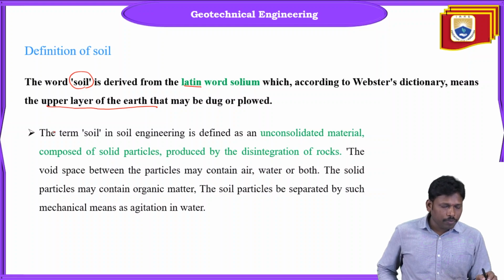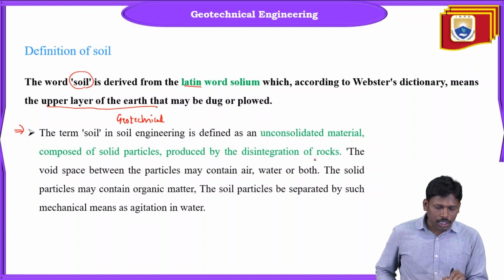Okay, the term soil in soil engineering, this is another definition. The term soil in soil engineering, or in geotechnical engineering, is defined as an unconsolidated material composed of solid particles produced by the disintegration of rocks.